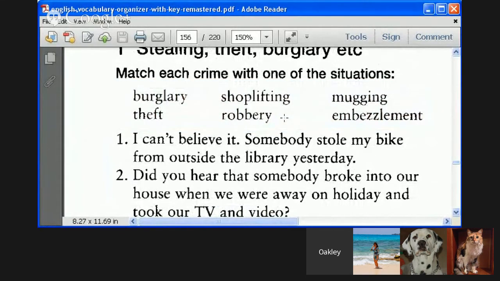Theft. Well, actually, everything on here is a form of theft. Theft being a broader term, but specifically, one person on another. One person steals from another person on the street or in the park, for example.